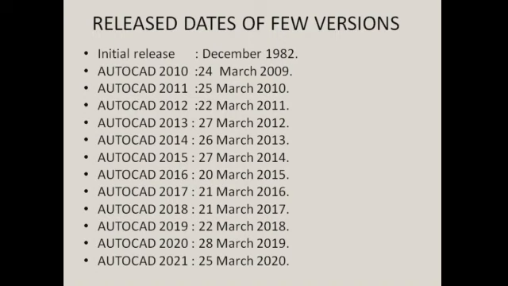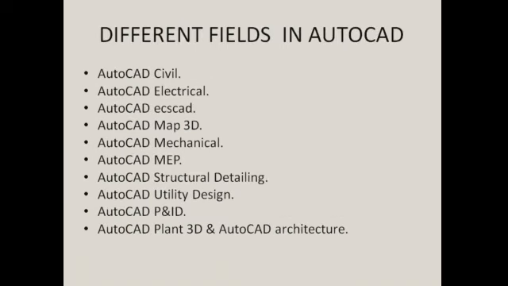You can observe by these dates that, for example, the 2010 version is released on 24 March 2009, which is 1 year before the year. The latest version, 2021, has been released in March 2020.